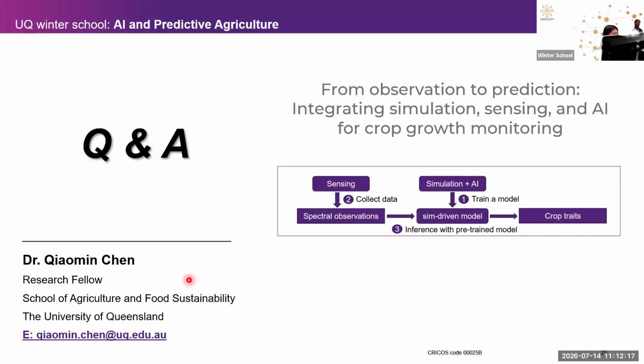Okay. Because as I presented here, our final goal is to develop a single model that can work everywhere under diverse environments. This environment will be constituted from different genotypes, different cultivars, different soil data and management practices.